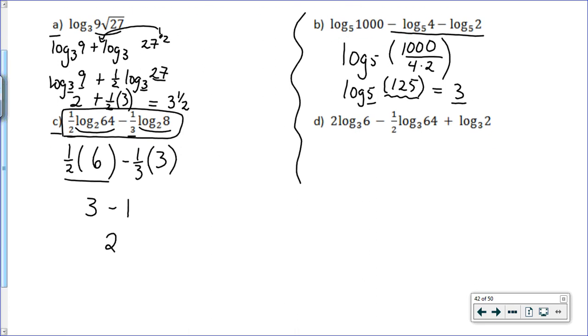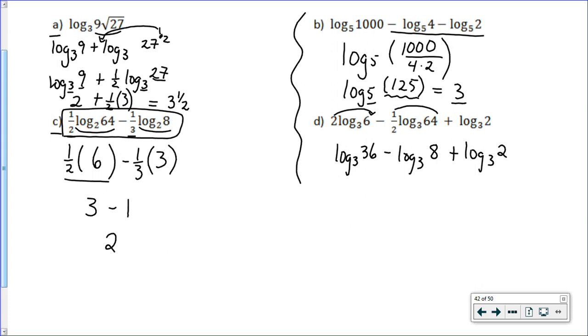Part D, I might first apply the exponents that I have in front, the 2 and the 1/2. So I might pop that up there and get log base 3 of 36 minus log base 3 of 64 to the power 1/2, which means the root of 64, so that's 8, plus log base 3 of 2.